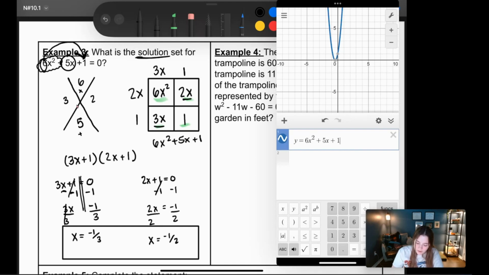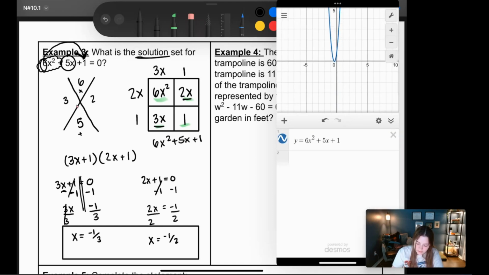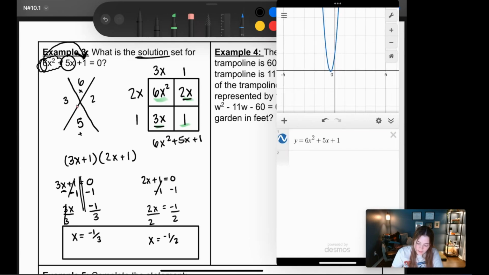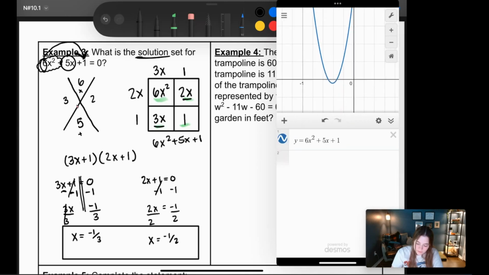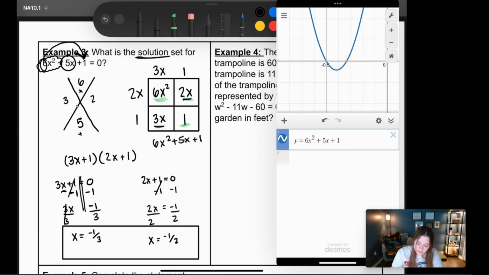Okay, now this is different. I have negative 1/2. I'm sorry, negative half, not 1/2. Perfect. Okay, and then I have negative 0.33333, which I will tell you is negative 1 over 3. So there you go. You figured it out, and you proved it by using Desmos.